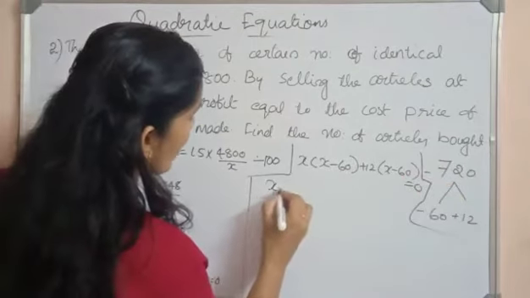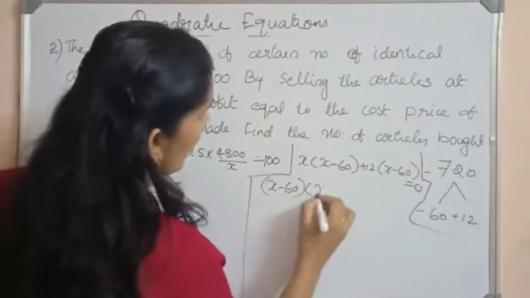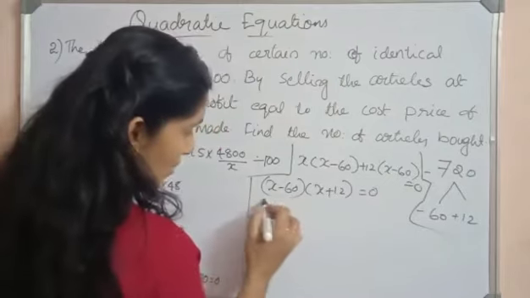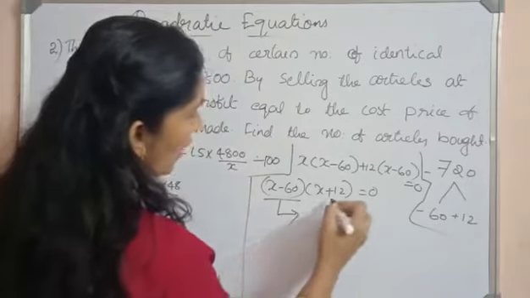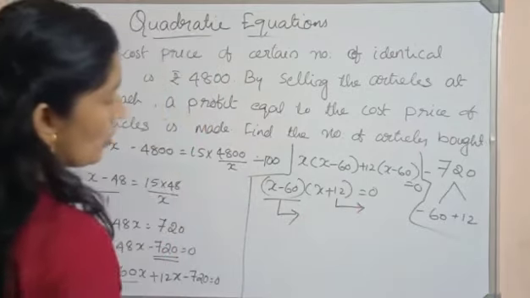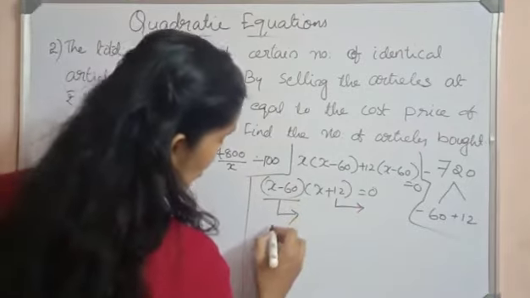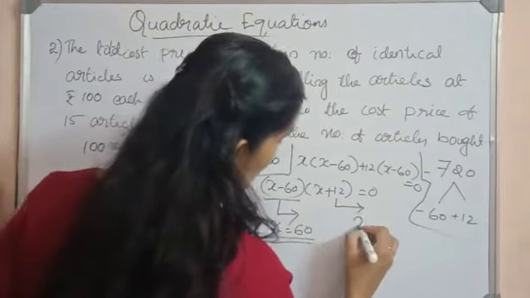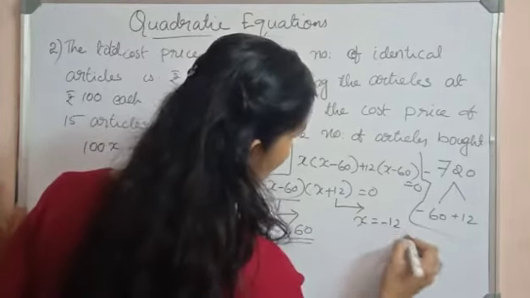So x minus 60 into x plus 12 is equal to 0. This implies either x minus 60 is equal to 0 or x plus 12 is equal to 0. x minus 60 is equal to 0 implies x is equal to 60, and x plus 12 is equal to 0 implies x is equal to minus 12.